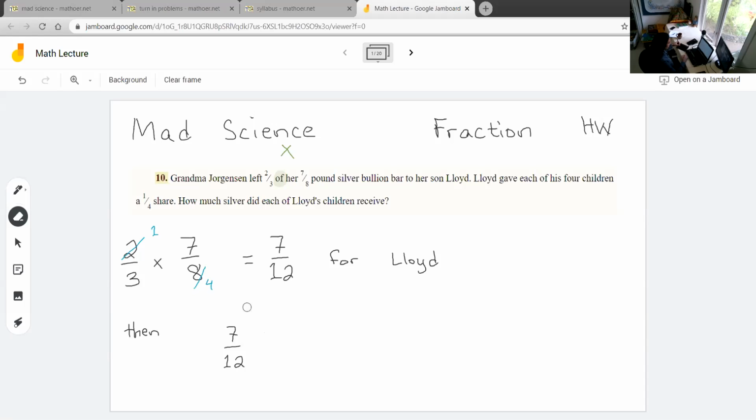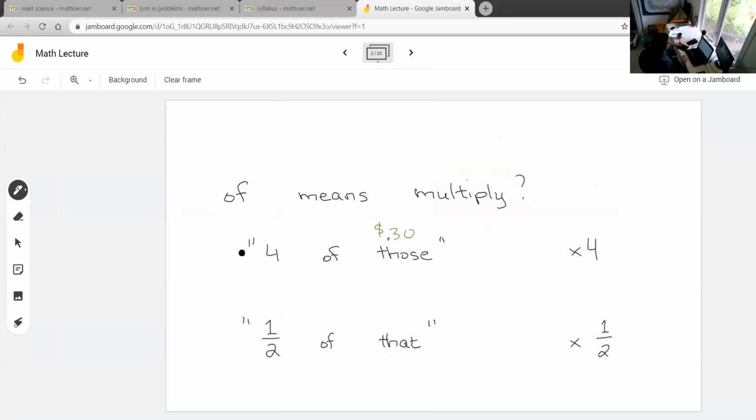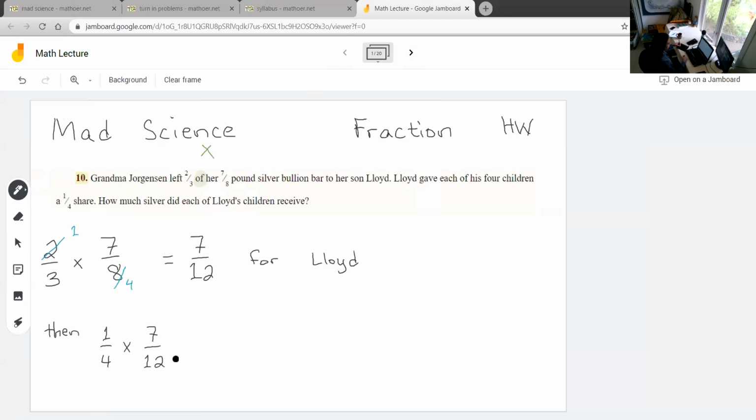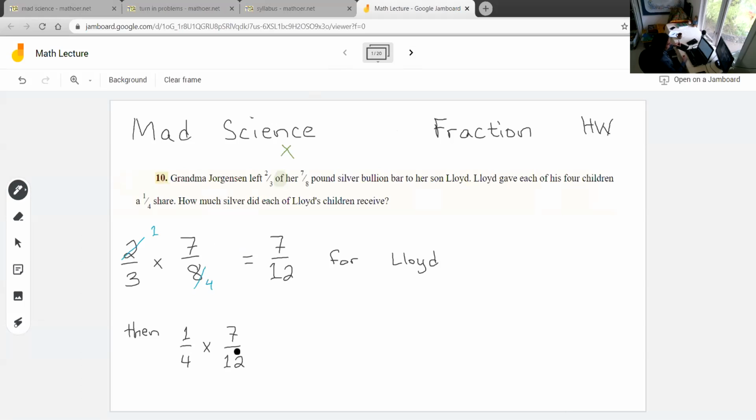Maybe you would like it where the 1/4 comes first, because this is like how many pieces, how many copies of the original amount. That's the order I've been doing things so far. So they get a quarter of the original amount.